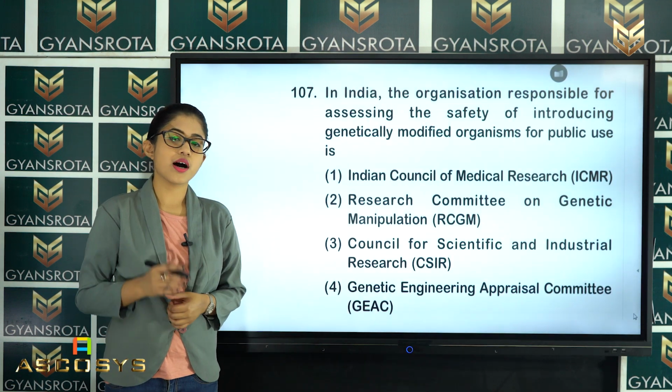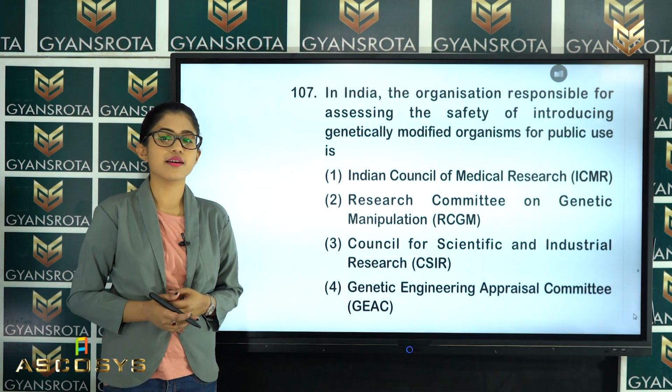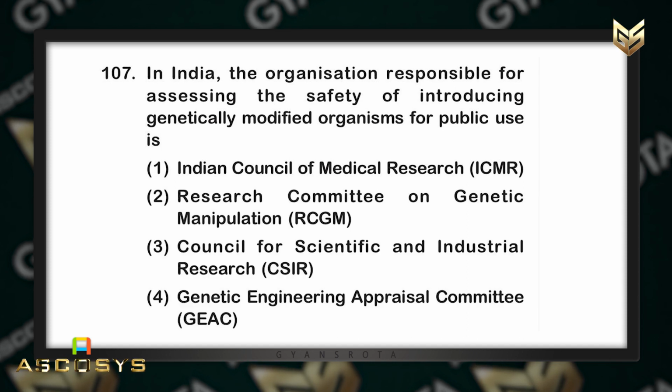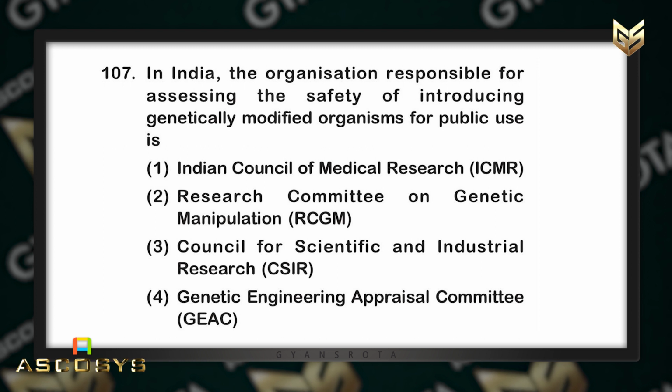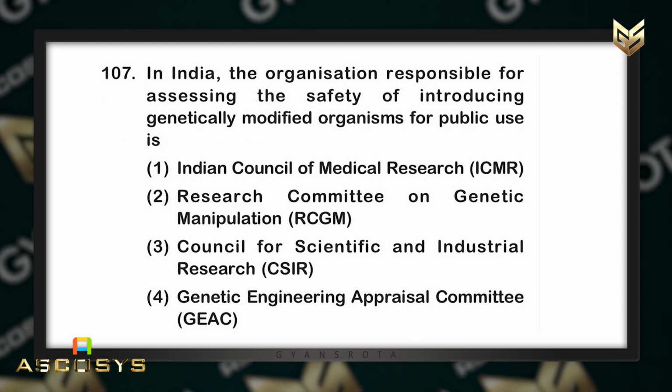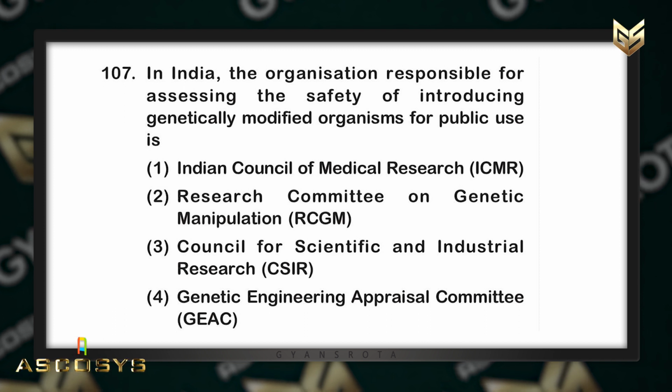In this question number 107, you can see here, in India, the organization responsible for assessing the safety of introducing genetically modified organisms for public use is: Indian Council of Medical Research, Research Committee on Genetic Manipulation, Council for Scientific and Industrial Research, or Genetic Engineering Appraisal Committee.